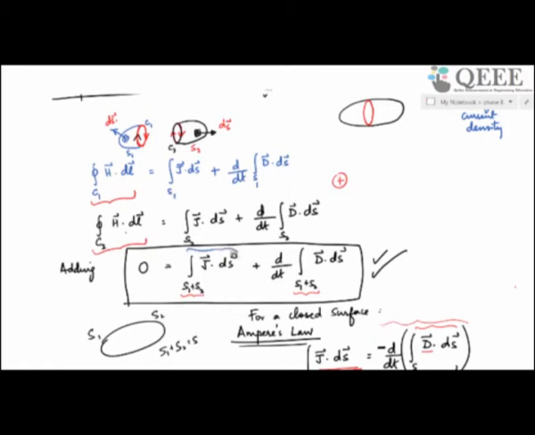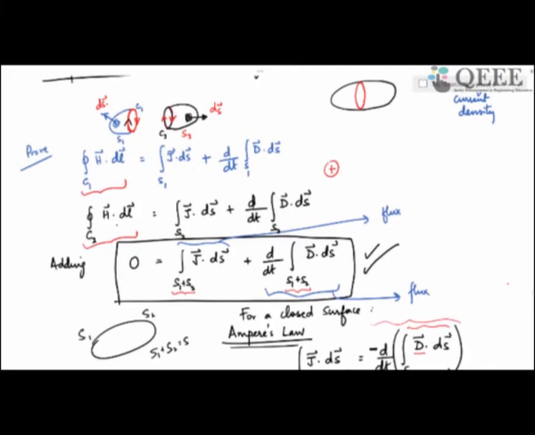The first term is flux due to electric current. This one is the flux due to displacement current. And I am not assuming anything here. I am actually proving that the sum of the flux due to electric conduction current and the flux due to displacement current is 0. I think you people did not get it completely.